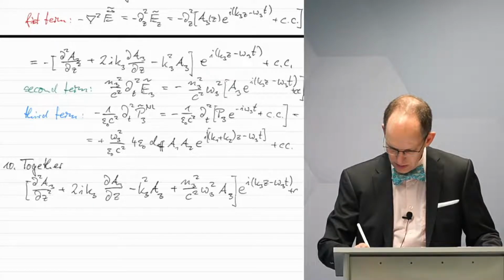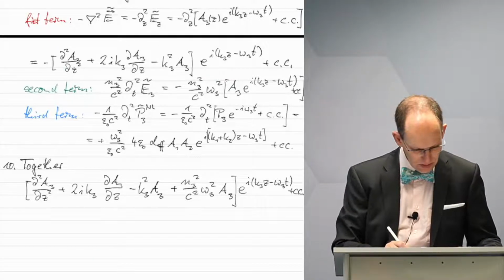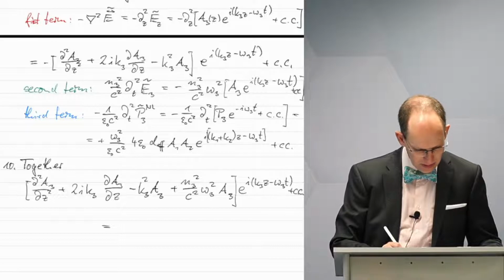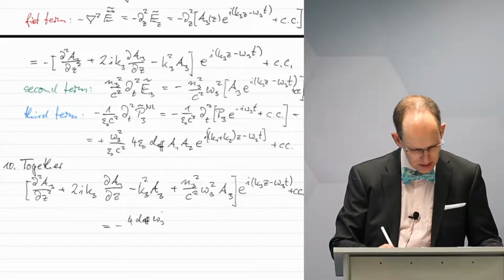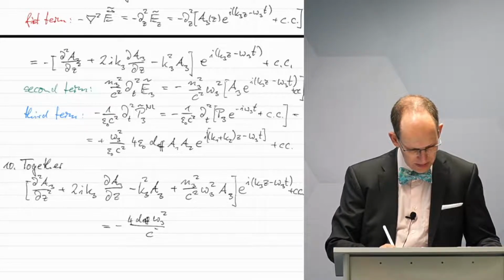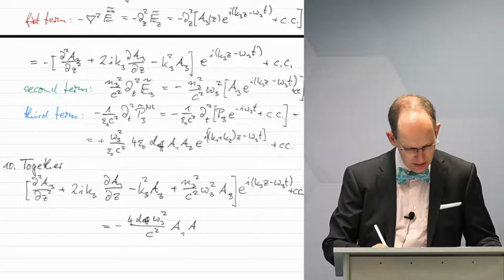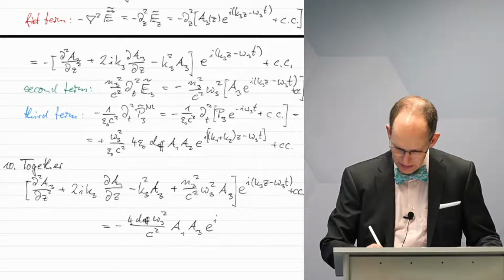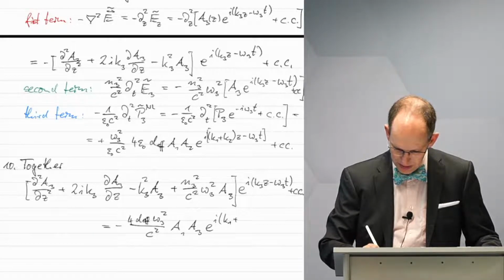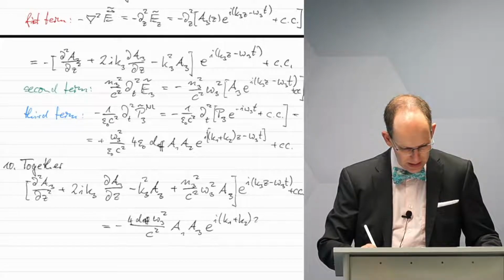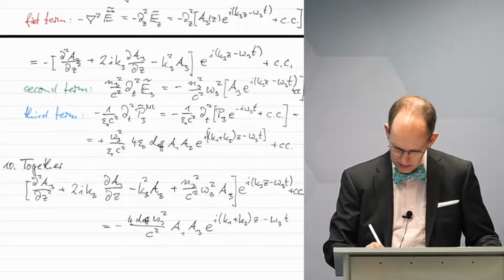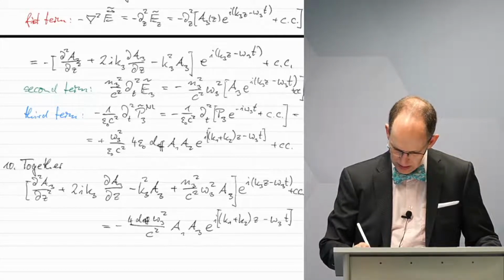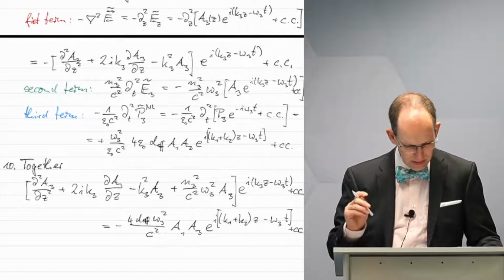The complex conjugate, of course, is also missing. And now the right-hand side, we have minus 4 times d effective omega 3 squared divided by c squared, a1, a2, and e to the i k1 plus k2 times z minus omega 3 times t, and the complex conjugate.